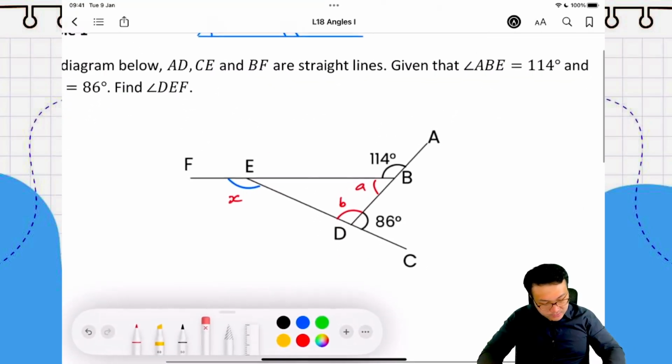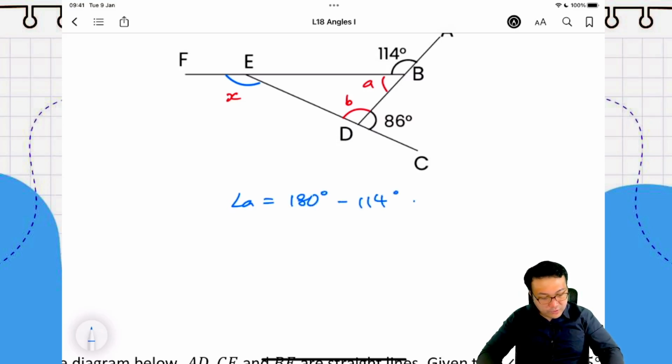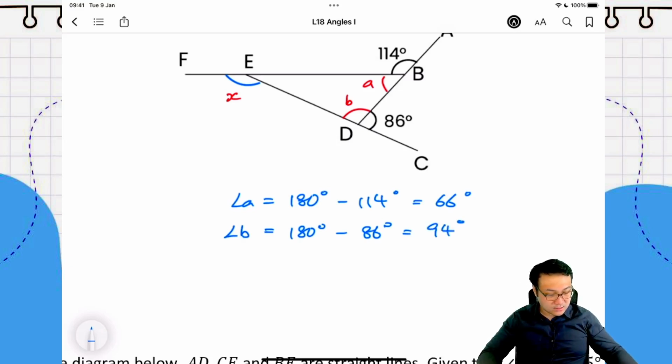So let's write it down. How do you find angle A? Angle A is 180, because it's a straight line, minus 114. And that will give us 66 degrees. Angle B, 180 minus 86, will give us 94 degrees.